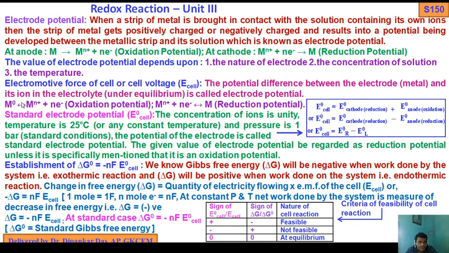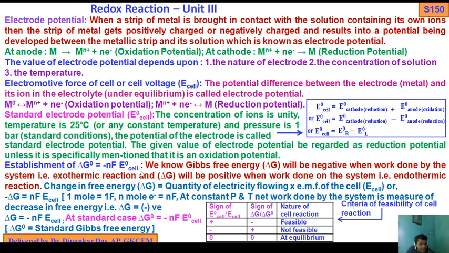M to M^n+ plus n electrons is the oxidation potential, and M^n+ plus n electrons to M is the reduction potential, with reversible signs.